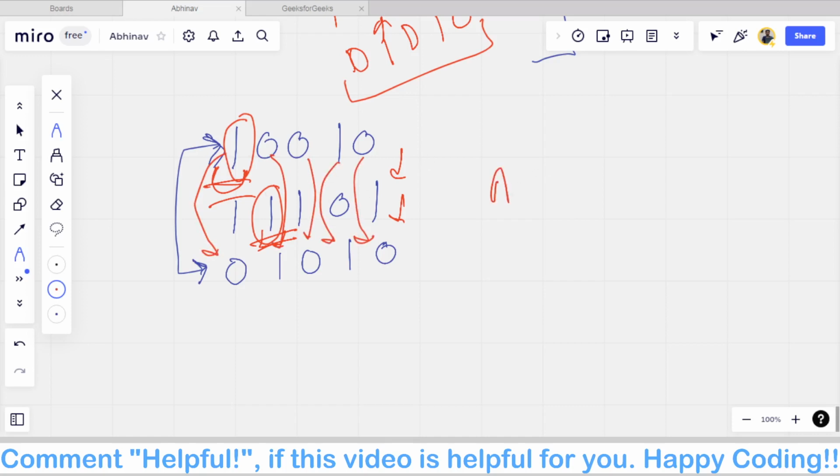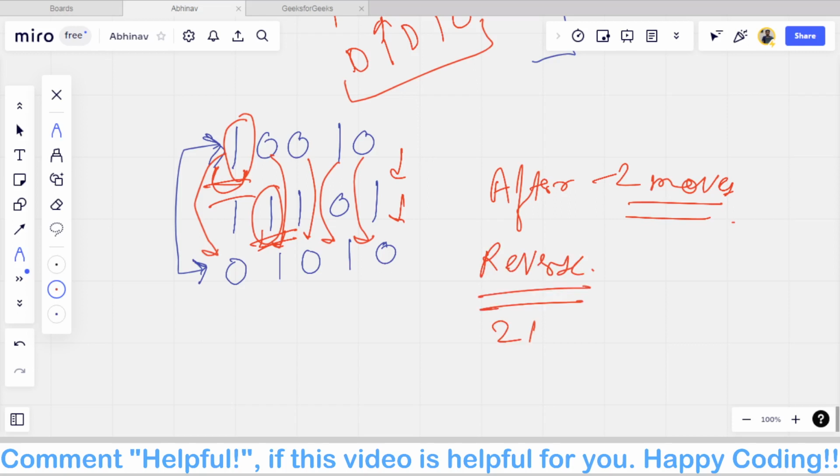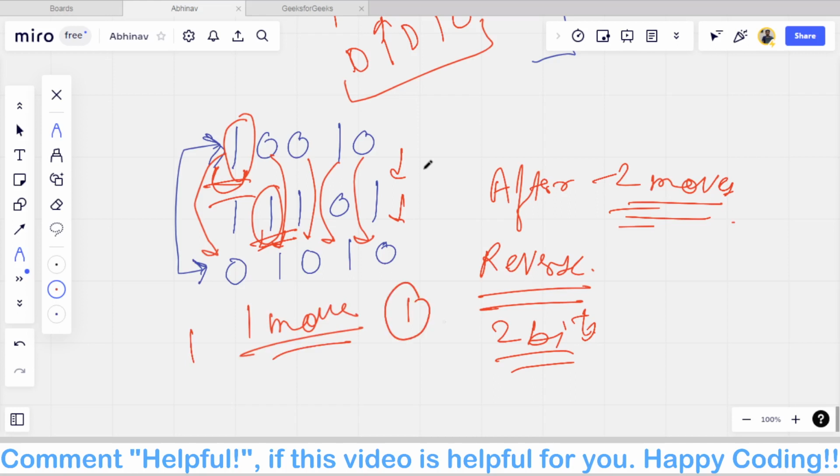So after every two moves, we can reverse the value of two bits. This is the power of two moves. We cannot do it in one move. If we could, I could reverse the value of one bit, but it is not possible.